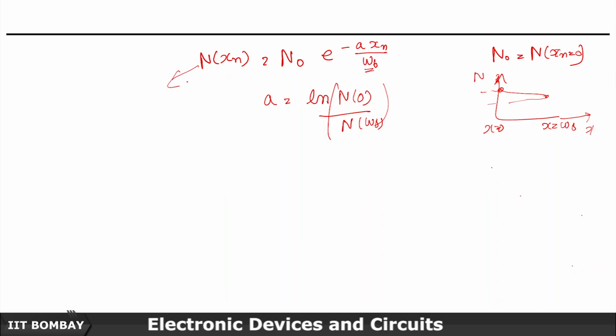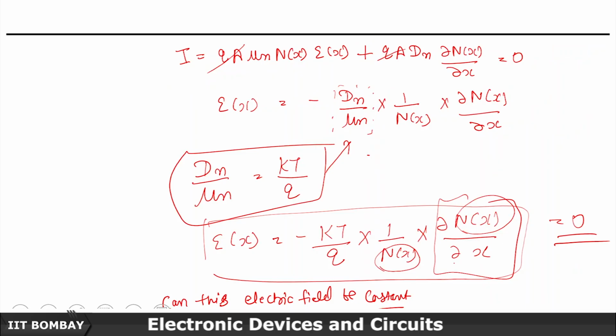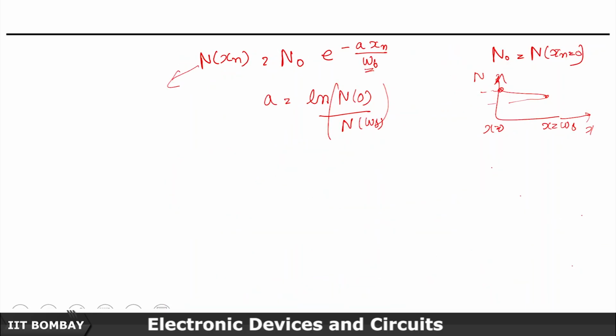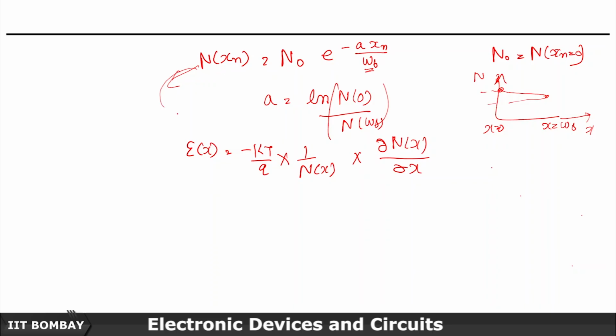If we plug this into the expression we just got in the previous slide, let me rewrite it here: minus kT by q multiplied by 1 by n(x) and the derivative of n(x) with respect to x. Let us see what we get.